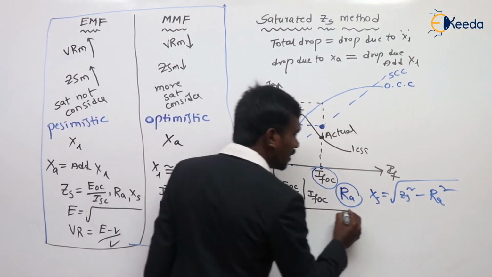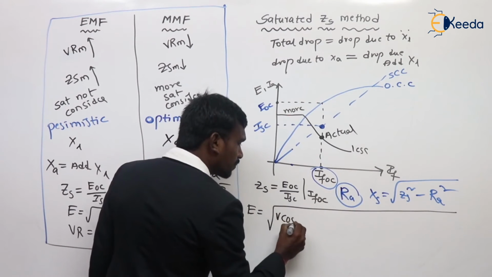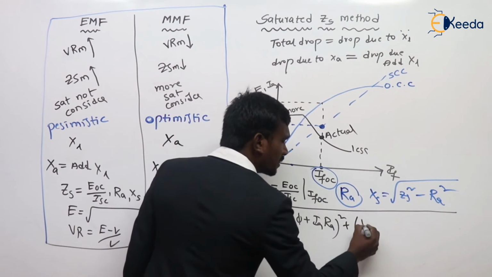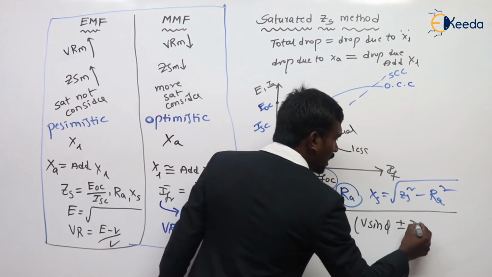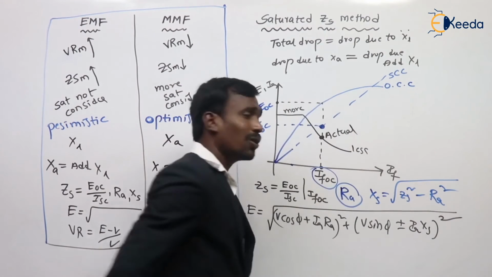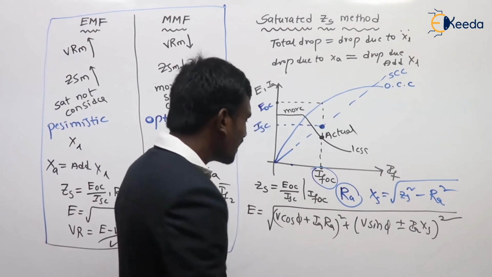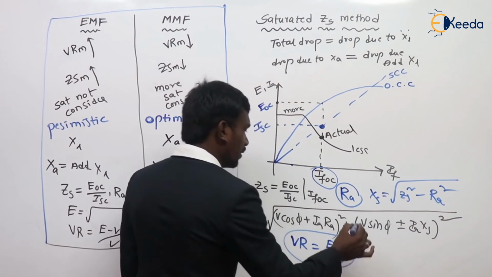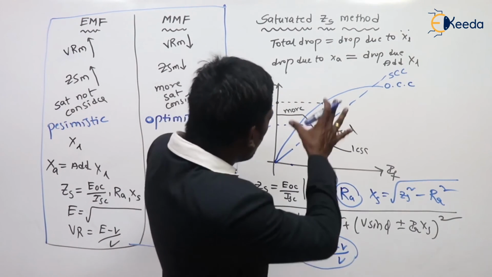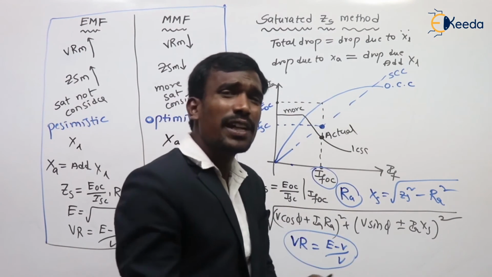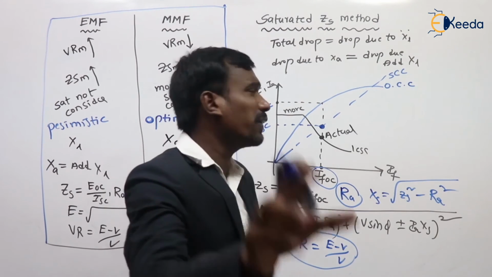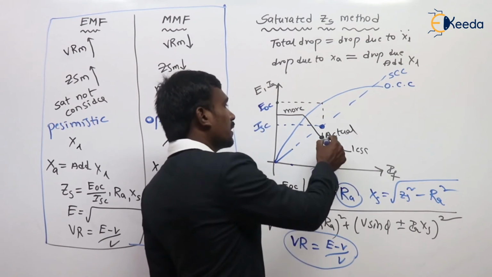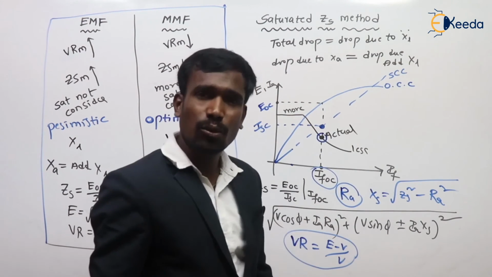How can we find the EMF? E equals the square root of (V cos phi plus IA RA) whole squared plus (V sin phi plus or minus IA XS) whole squared. Everything is the same. Here the voltage regulation equals E minus V upon V. No change, only one modification from IFSC to IFOC.